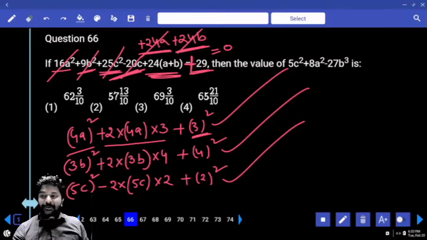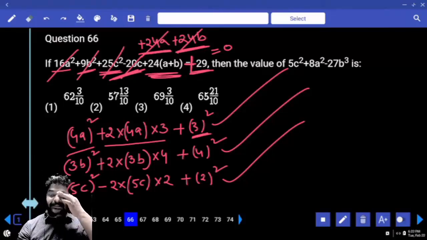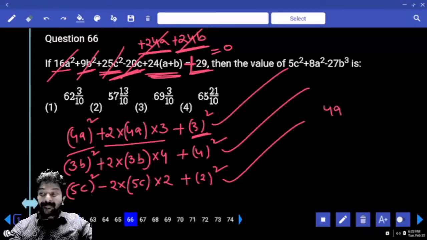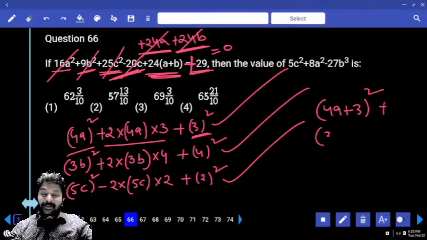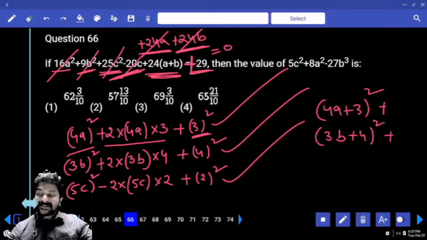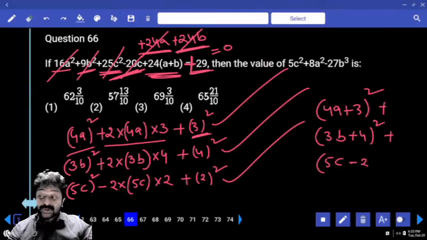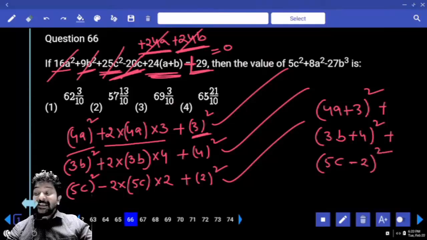So now the entire equation we can write as 4a plus 3 whole square plus 3b plus 4 whole square plus 5c minus 2 whole square is equal to 0.